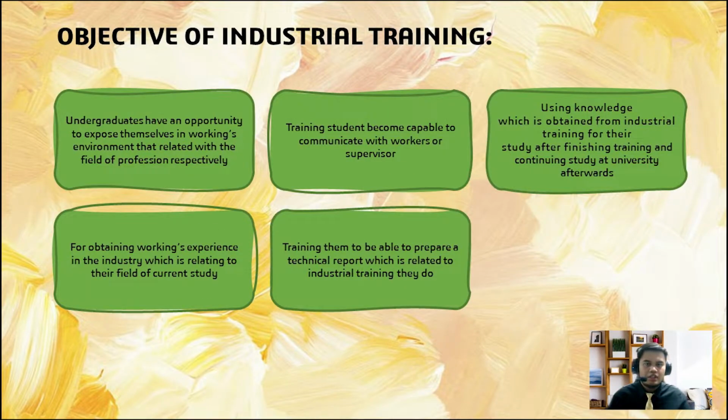First of all, introduction. The introduction has the objectives of industrial training. First, the objective of industrial training is for undergraduates to have an opportunity to expose themselves to a working environment related to the field of their profession. Second, obtaining working experience in the industry which is related to their current field of study.